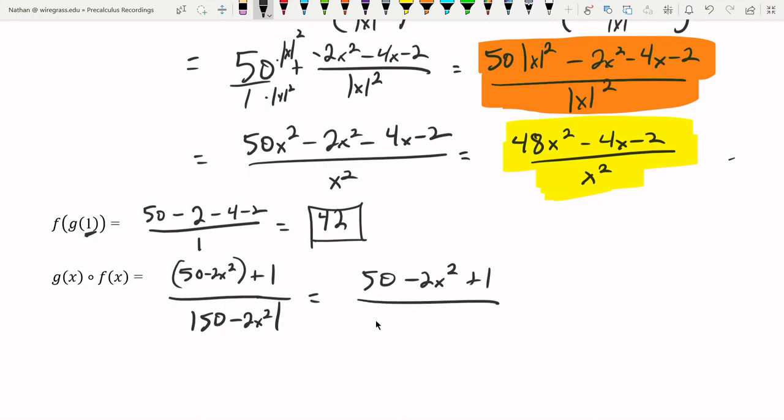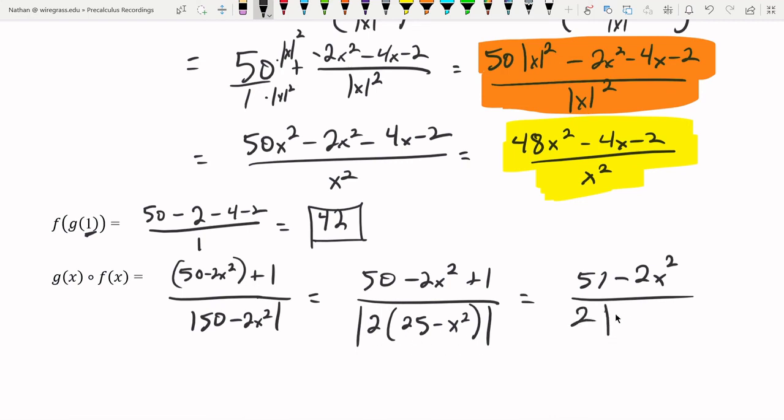On bottom, I can actually take out a 2, and I get 2 times 25 minus x squared, with absolute values around that. Combine like terms on top, we're going to get 51 minus x squared over, and then this can actually be simplified down to 2 on the outside, absolute value of 5 minus x, 5 plus x.